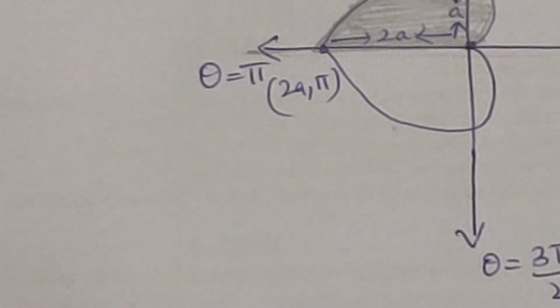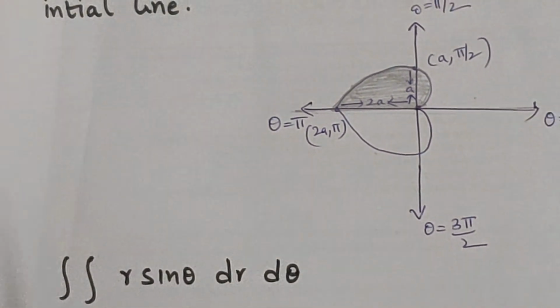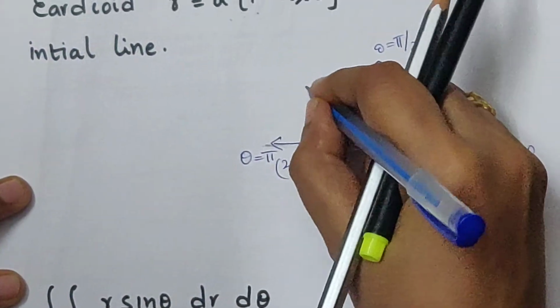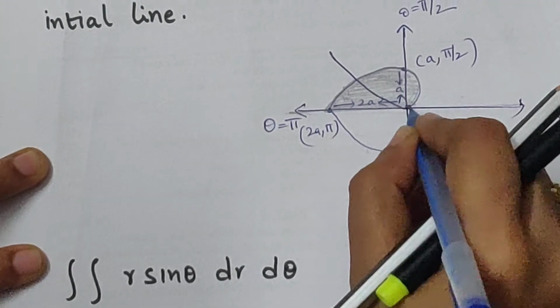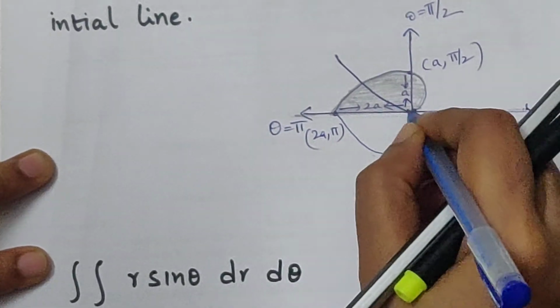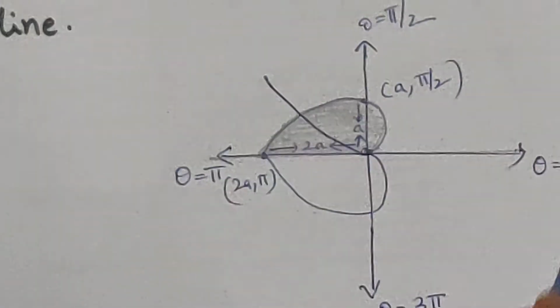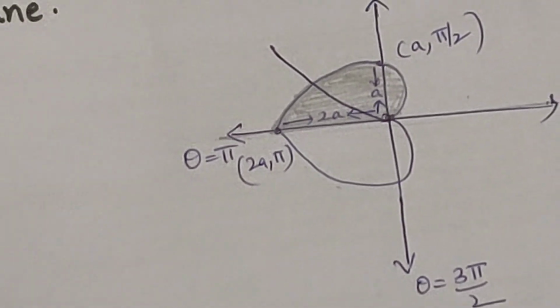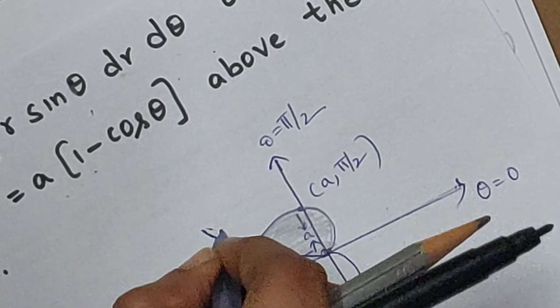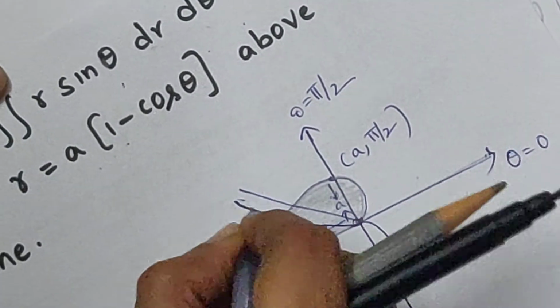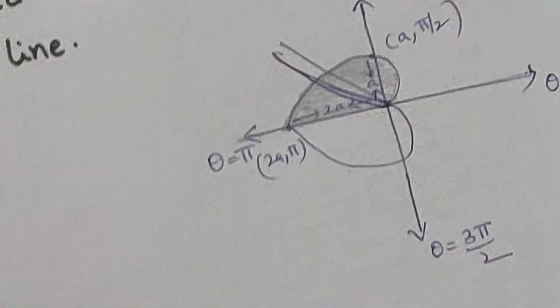So, consider one radius vector. Radius vector means theta equal to 0 is one radius vector, theta equal to pi by 2 is another. Here consider one radius vector starting from the origin and passing through the region of integration.